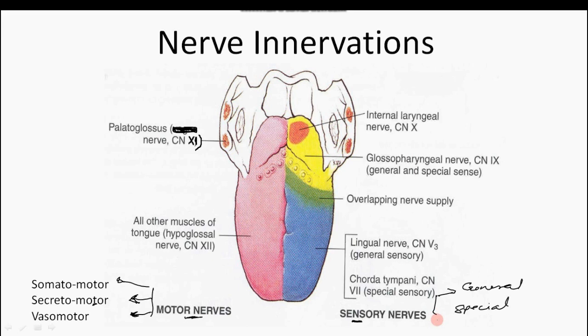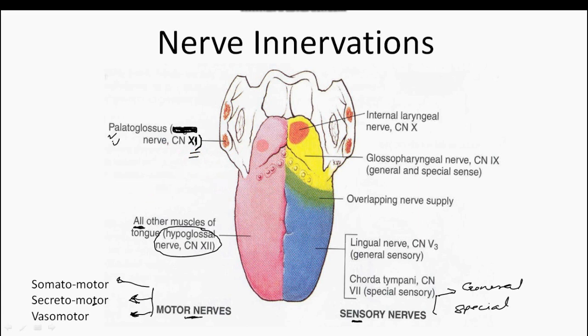Now first we talk about the motor one. Clear? So all the muscles of the tongue are innervated by the hypoglossal nerve, except the palatoglossus. This palatoglossus is innervated by the 11th cranial nerve.